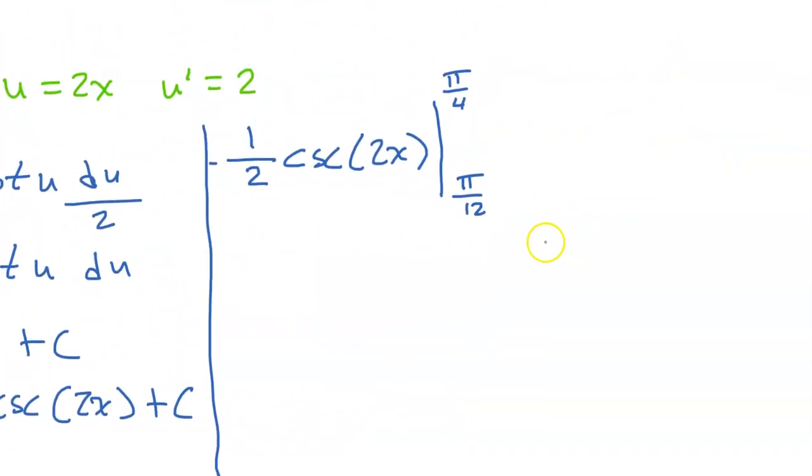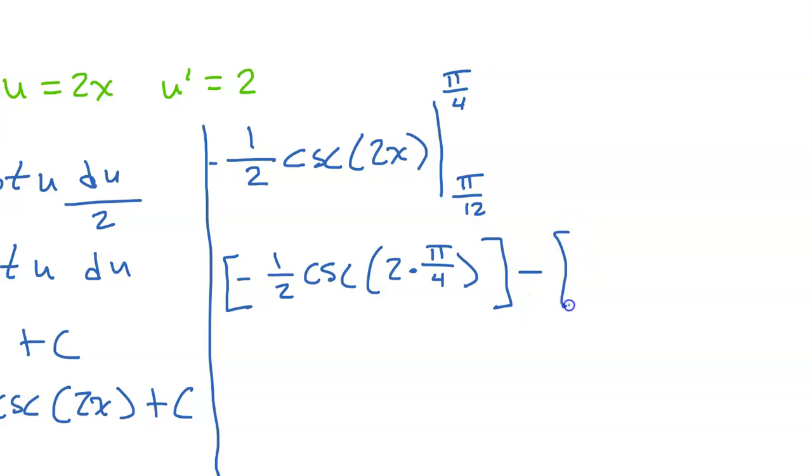This means we will find the value at the upper limit and subtract the value at the lower limit. Let's start with the upper limit. So negative 1/2 cosecant of 2 times pi over 4.